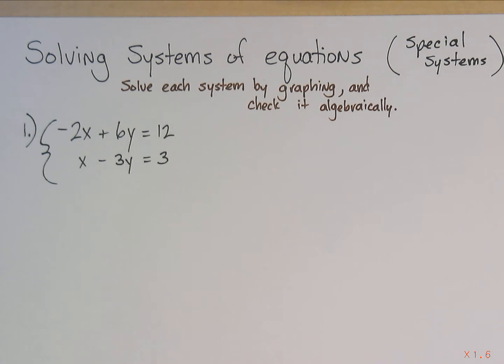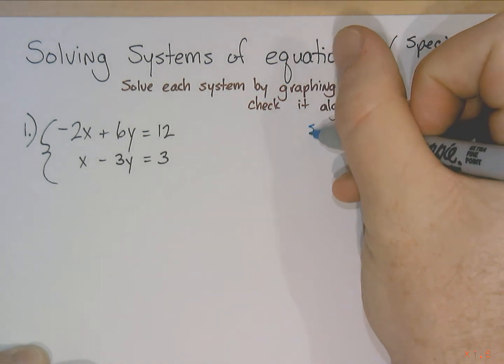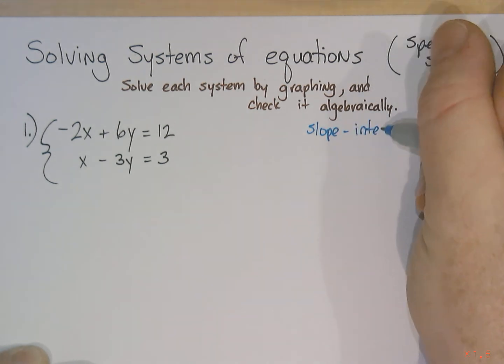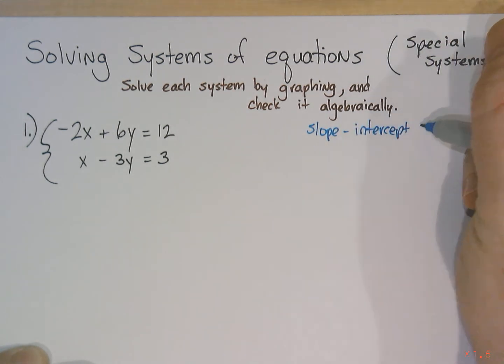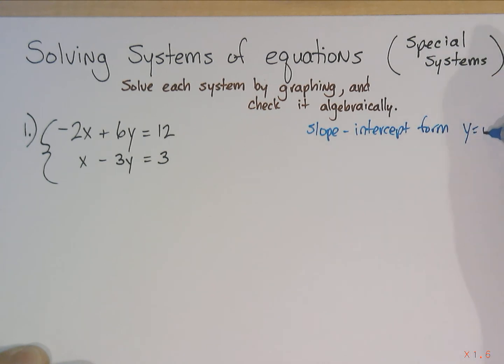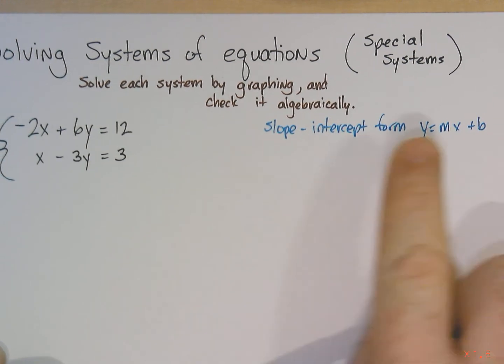Let's change this to slope-intercept form. Remember, slope-intercept form is y equals mx plus b, where m is the slope and b is the y-intercept.